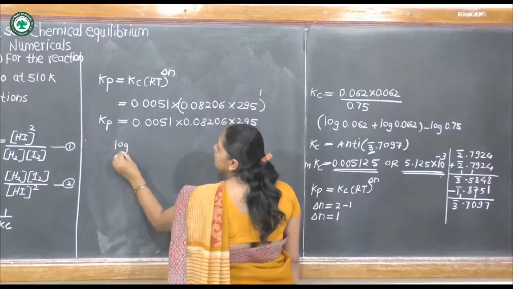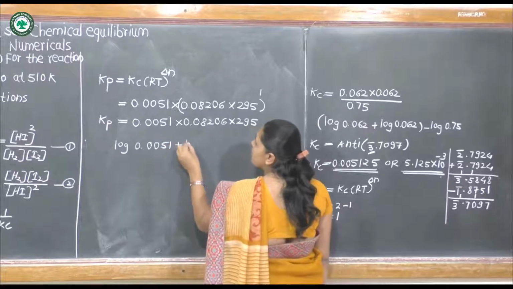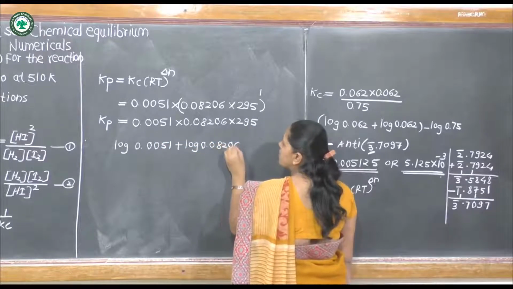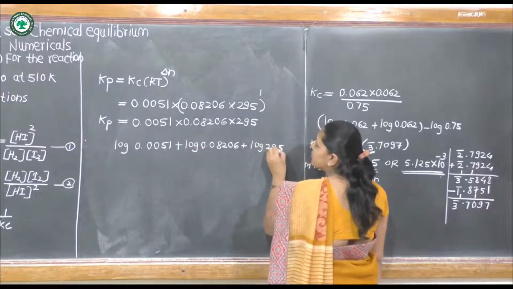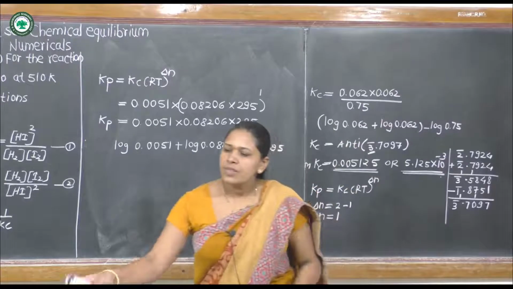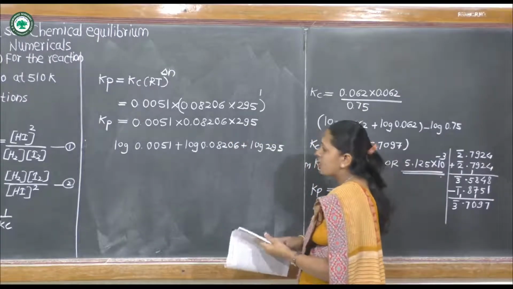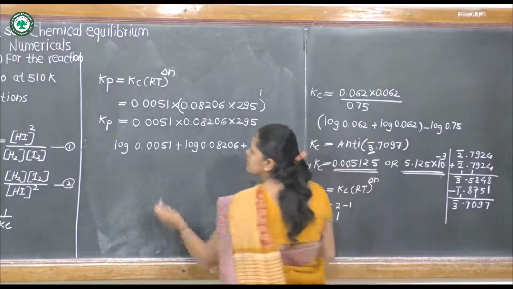Log of 0.0051 plus log of 0.08206 plus log of 295. Log of 51 into 0 7076.